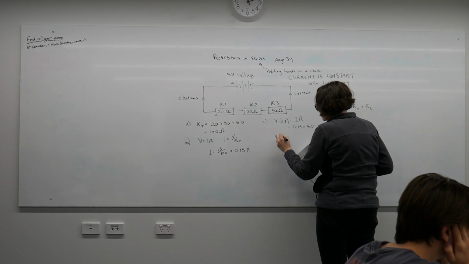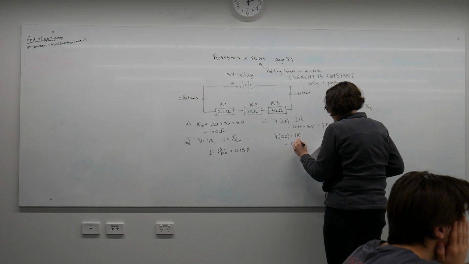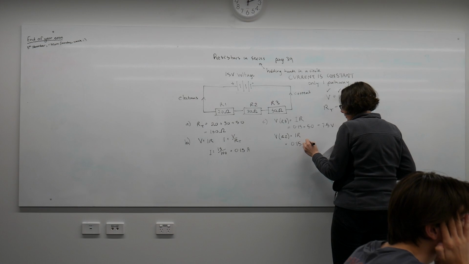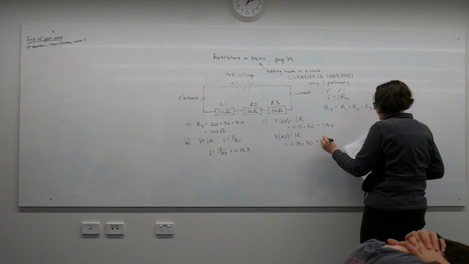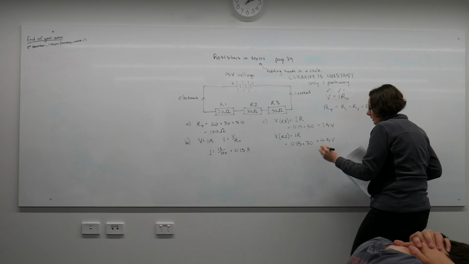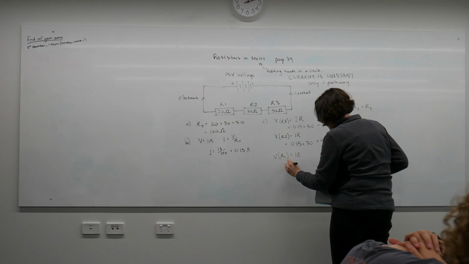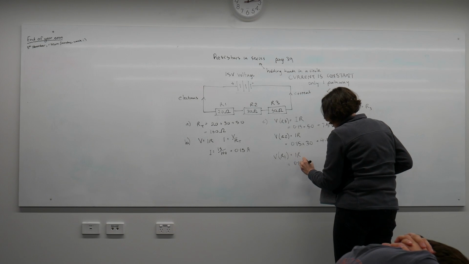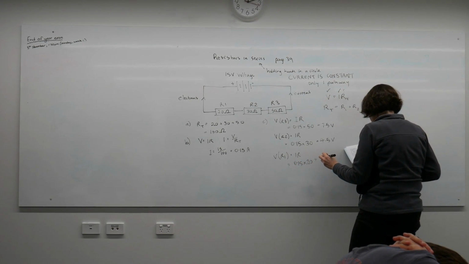The voltage for resistor 2 is the same current multiplied by the resistance of that resistor, 4.5 volts, and the voltage for resistor 1 is 20, it's going to be 3 volts.